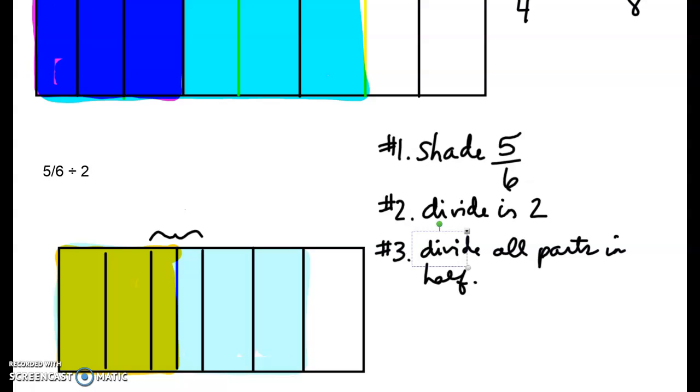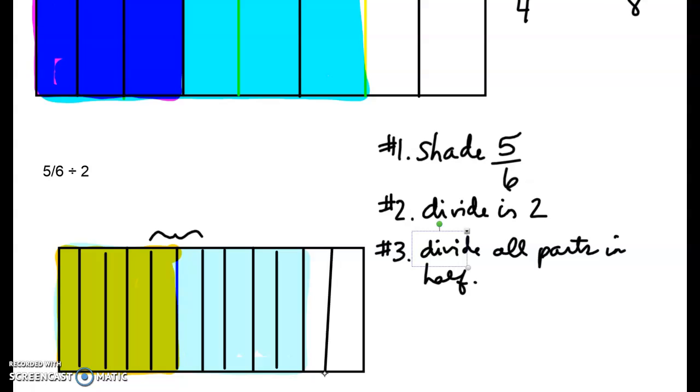So we need to also divide all these parts in half, because this is going to be our new denominator. Okay, so it was divided into 6 parts, and then we divided each 6 part in half. So we should have 12 parts now.